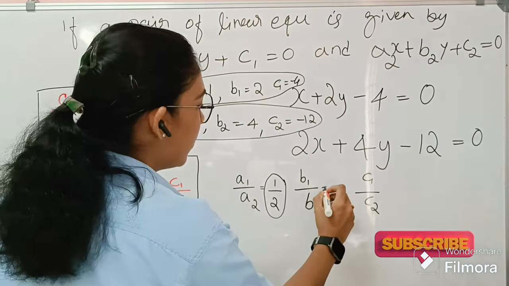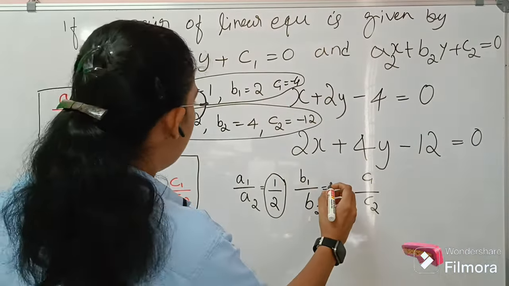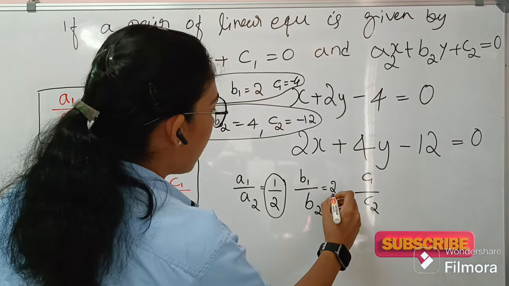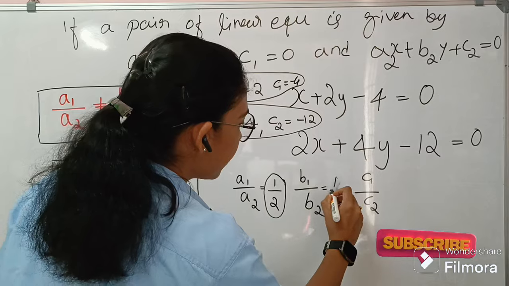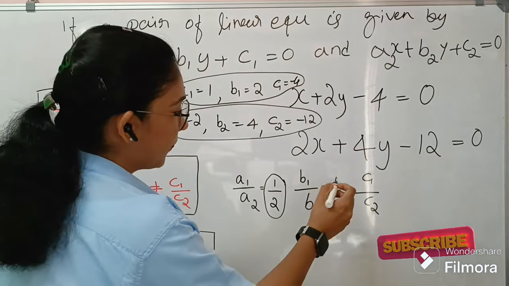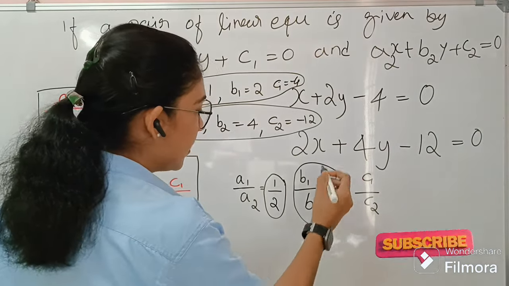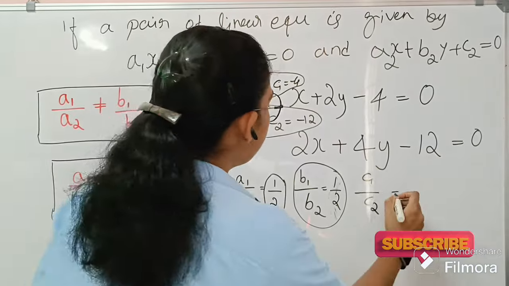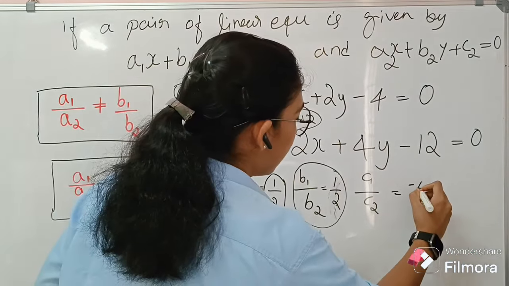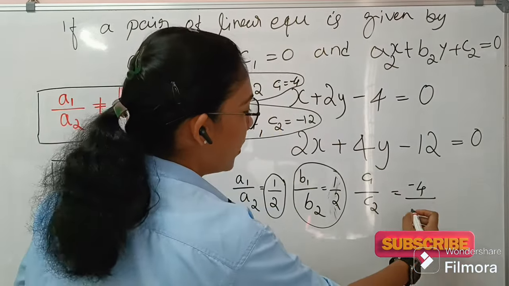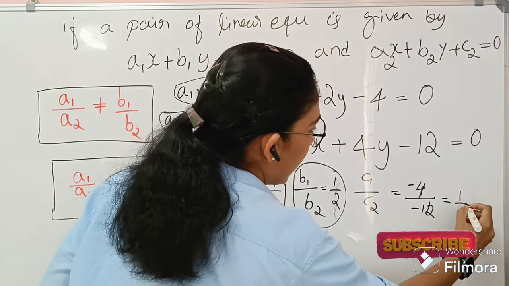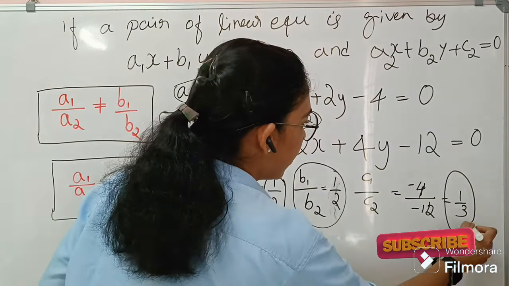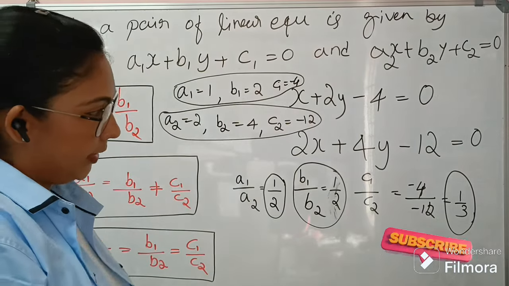Then what is b1 by b2? b1 by b2 is 2 by 4, or it can be written as 1 by 2. And what is c1 by c2? That is, c1 is minus 4 and c2 is minus 12. On cancellation, we get 1 by 3. So c1 by c2 is 1 by 3.